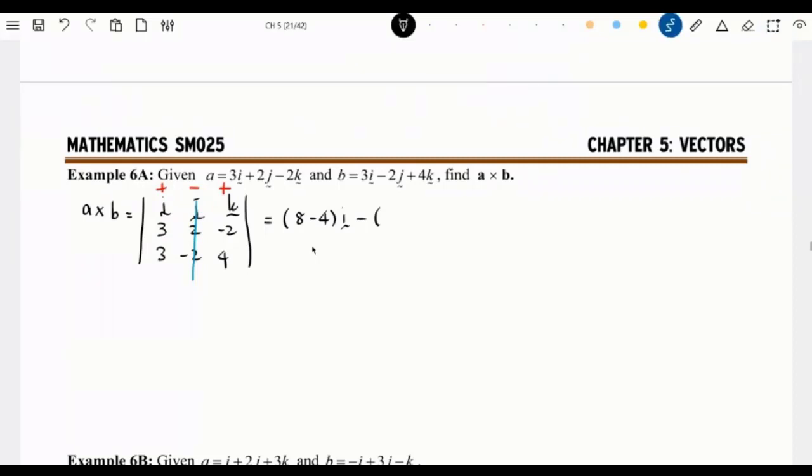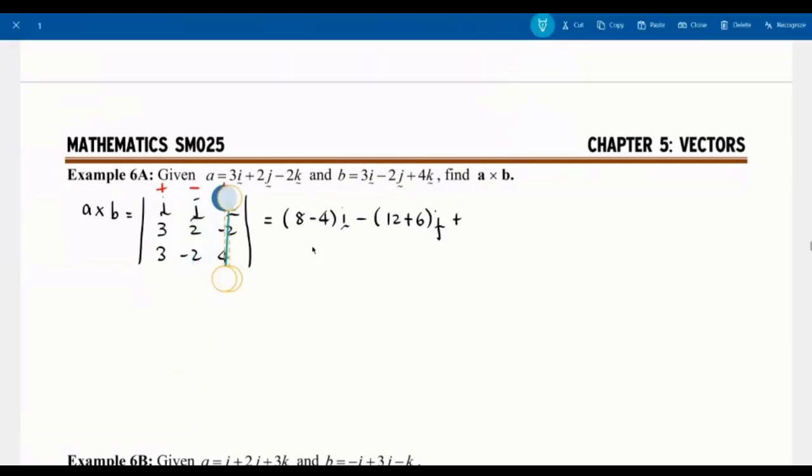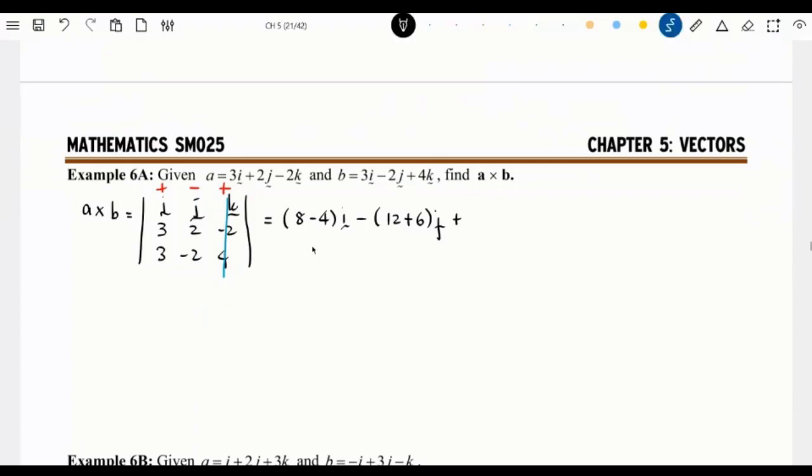So yang tinggal adalah 12, 3 darab 4. Tolak 3 times negative 2 we get plus 6 J, and then for the K part kita akan dapat apa yang tinggal, will be negative 6 minus 6K. Okay, so we end up 4I minus 18J minus 12K.